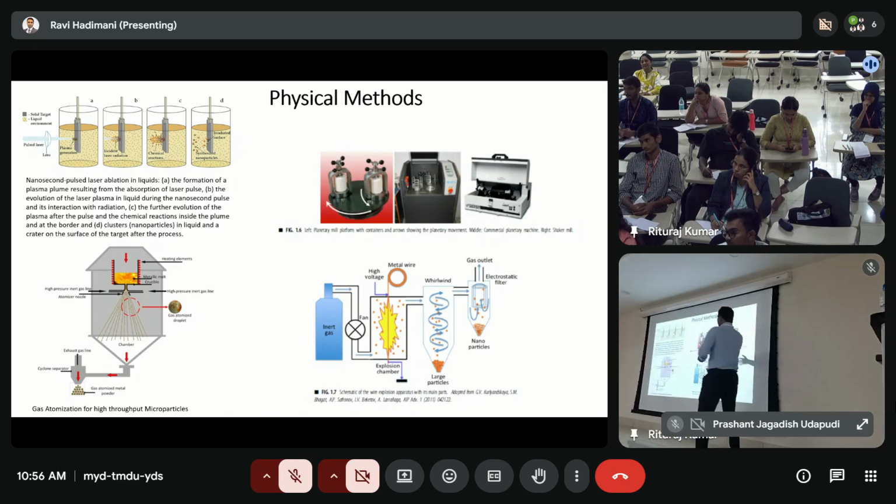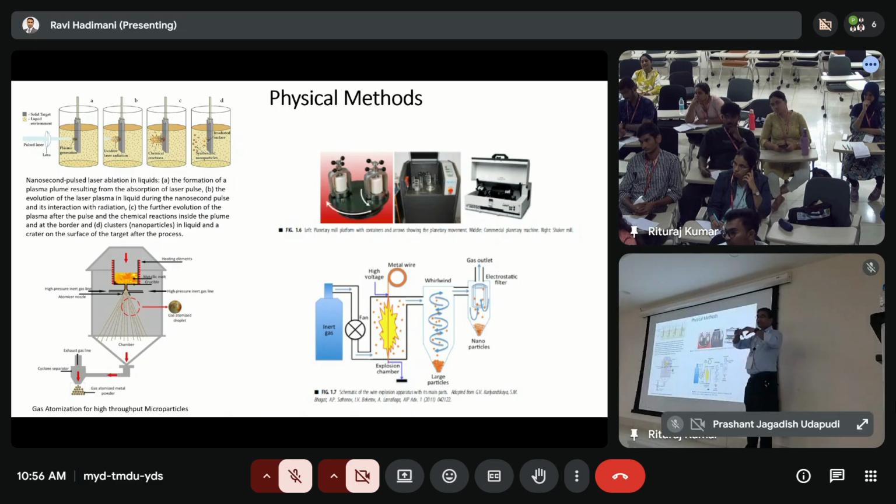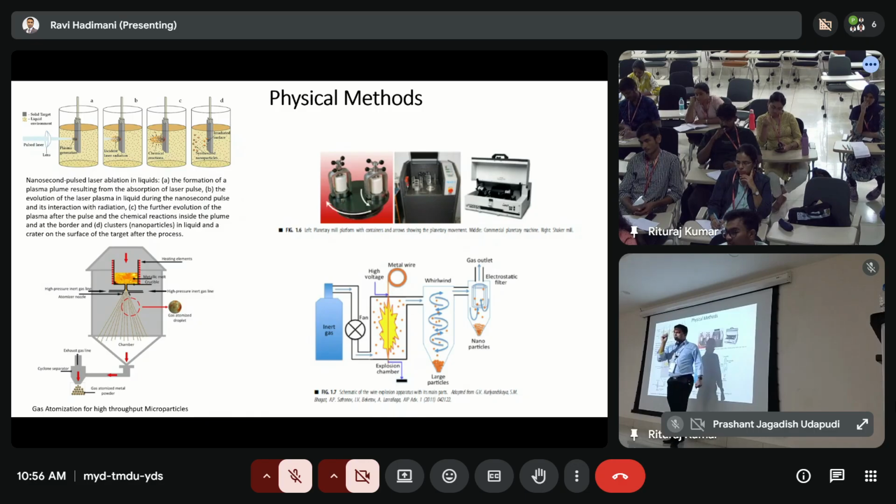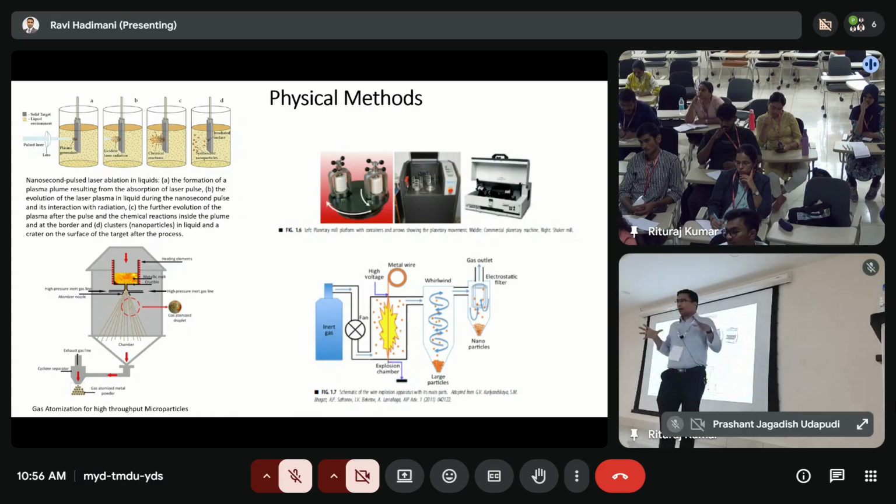Somehow it belittles the complex chemical work that they do to make nanoparticles, whereas we just, with a crude technique, prepare nanoparticles. This is another one where you make a wire explode. A gas atomizer is another one. Basically, you use high pressure to push molten metal through a small orifice into a vacuum. You get nanoparticles. Okay.